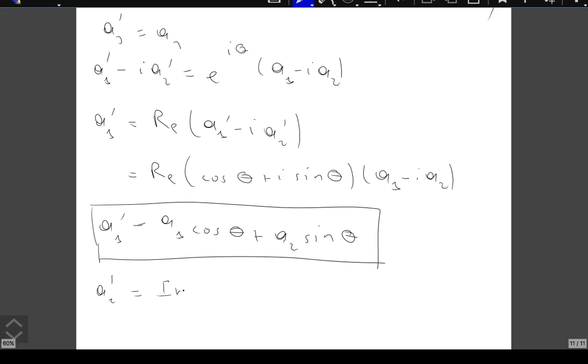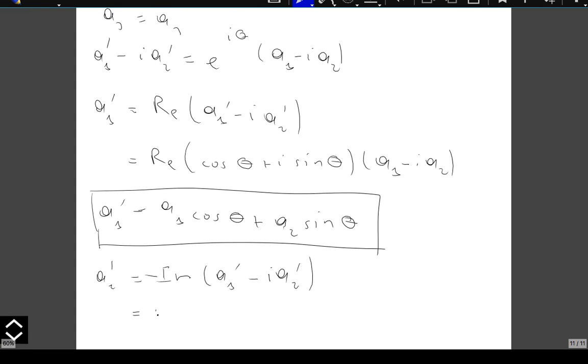This is minus the imaginary part of A1 prime minus i A2 prime. If you take the imaginary part of that expression, you get A2 cosine theta minus A1 sine theta.